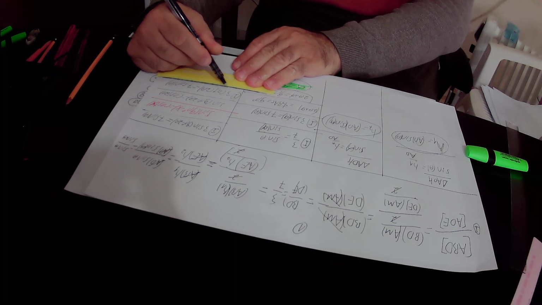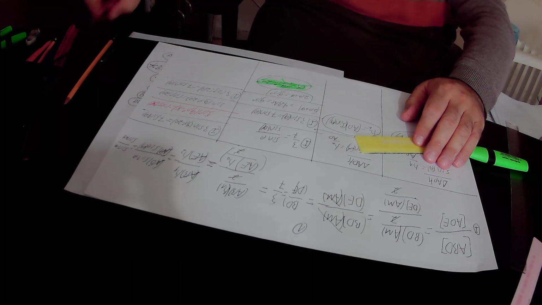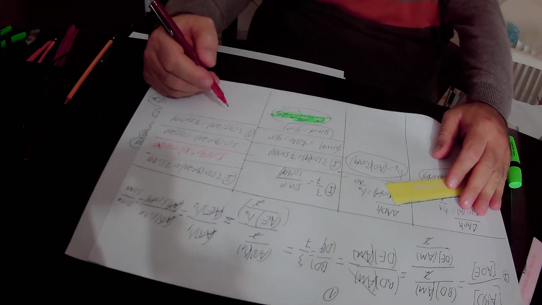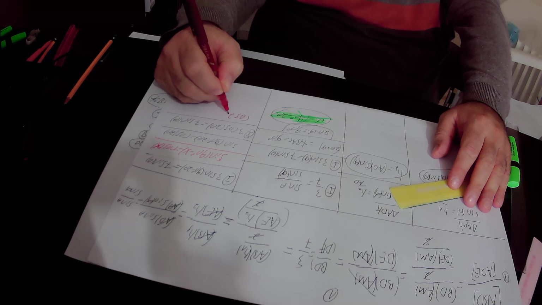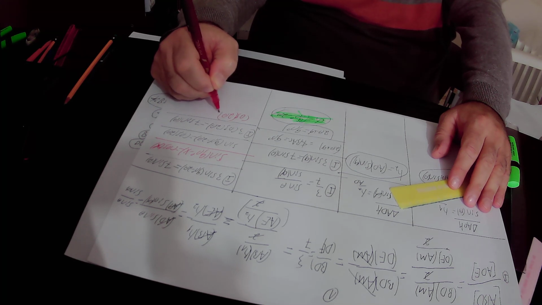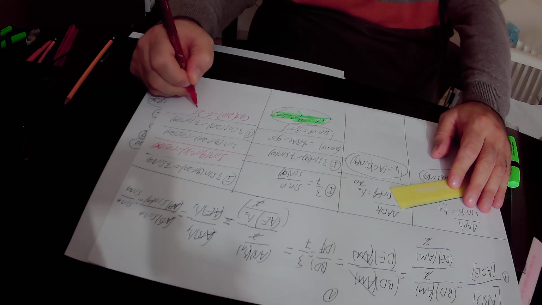We have another trigonometric identity for cosine 2 theta. Actually, cosine 2 theta is equal to 1 minus 2 sine squared theta.